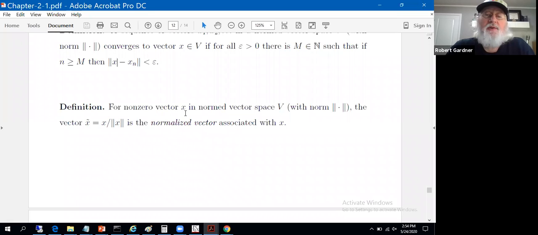For a non-zero vector X in a normed linear vector space, the vector X tilde, X divided by its norm, is a normalized vector associated with X. It's usually called a unit vector. Looks like Gentle is leaning towards tildes to indicate unit vectors in his manipulations. Of course, it had to be a non-zero vector to avoid the division by zero thing.